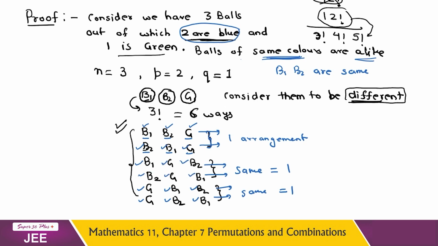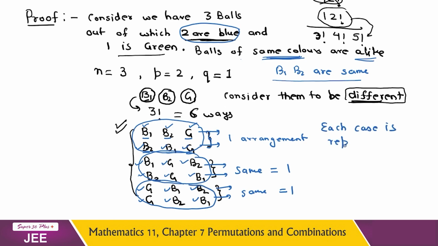So if the blue balls are alike, each case is repeating itself how many times? Two times. Students, each case is repeating itself two times. It is better to say that they are repeating themselves 2 factorial times, because 2 factorial is equal to 2.